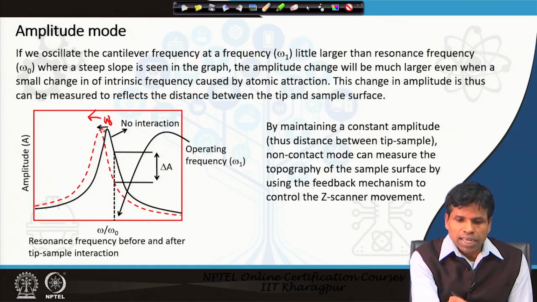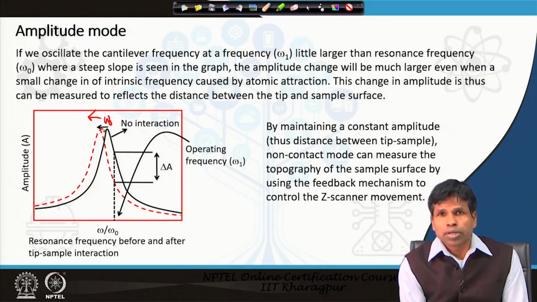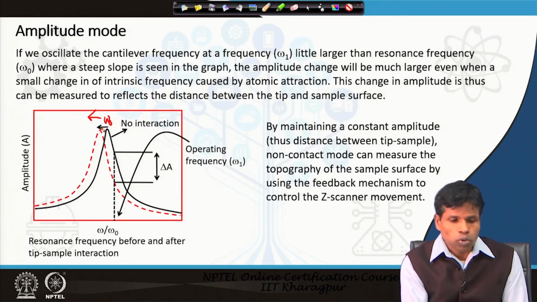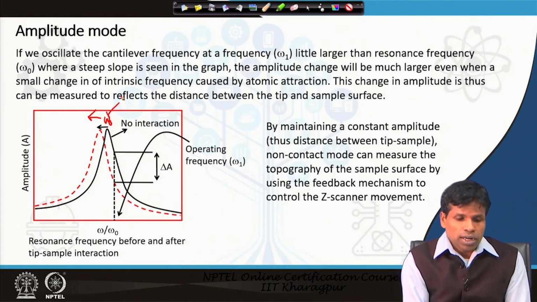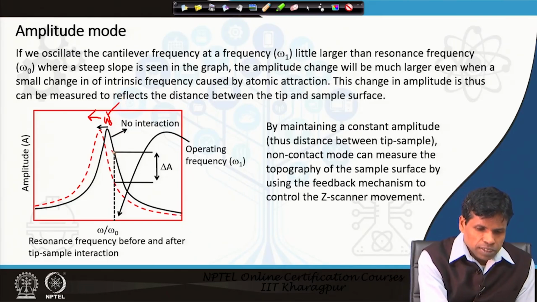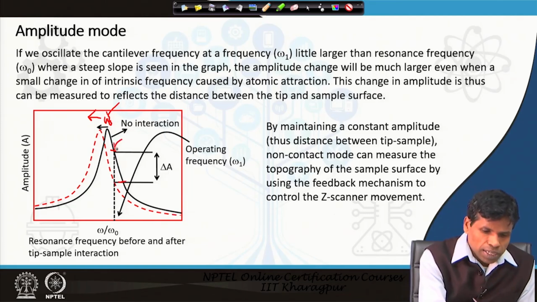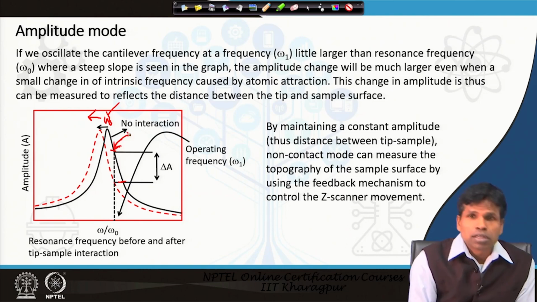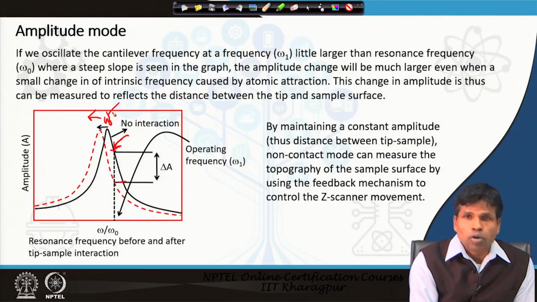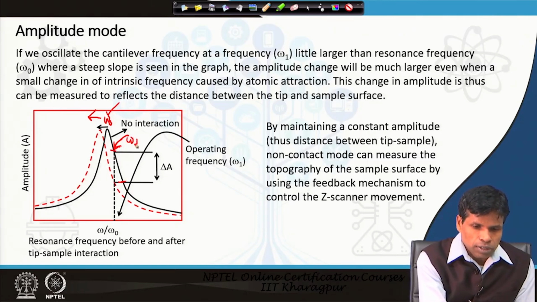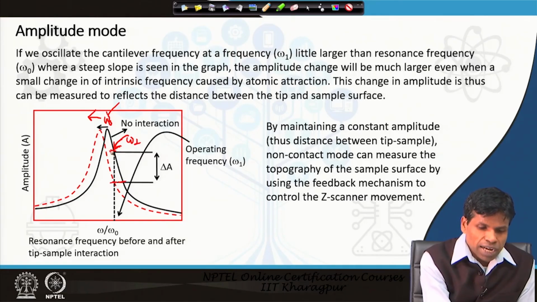However, if the cantilever is oscillated at a frequency a little higher than the resonance frequency, greater than omega 0, where the slope is steep, let us say this is omega 1, as you see there is a large amplitude change.